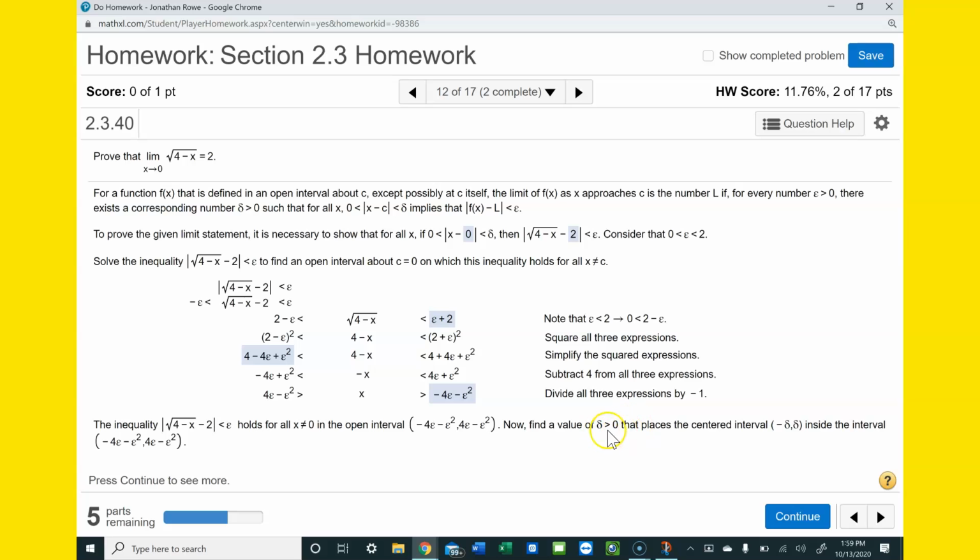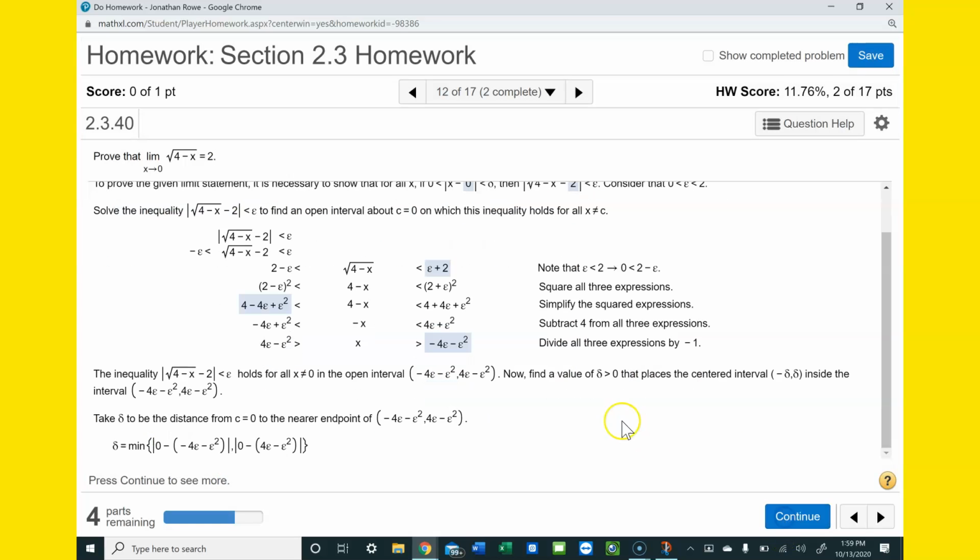All right, now find a value of delta greater than 0 that places the centered interval inside the interval of that. Take delta to be the distance from c equals 0 to the nearer endpoint of those two things. So it would be 0 minus this, and this minus 0, because 0 would have to be inside of those two things.